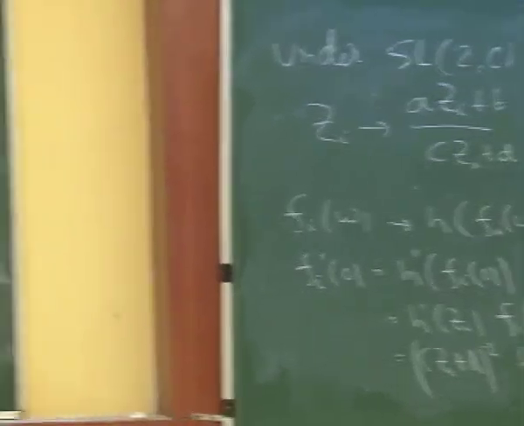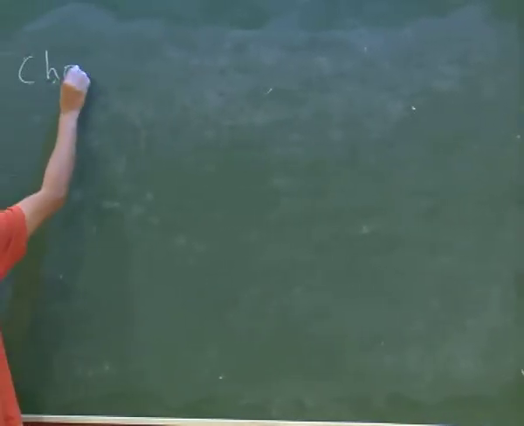So what we see here is that the choice of local coordinates is the spurious data.